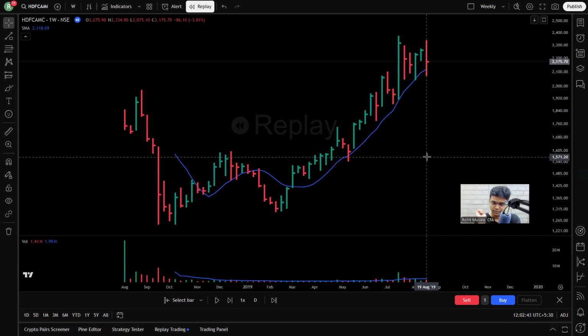The 4 points. Just go to William O'Neill's book, How to Make Money in Stocks, 4th edition, go to chapter number 2, go to the section where he discusses flat base, and you will find these four factors which are a part of the definition of a flat base. And you will see that here.